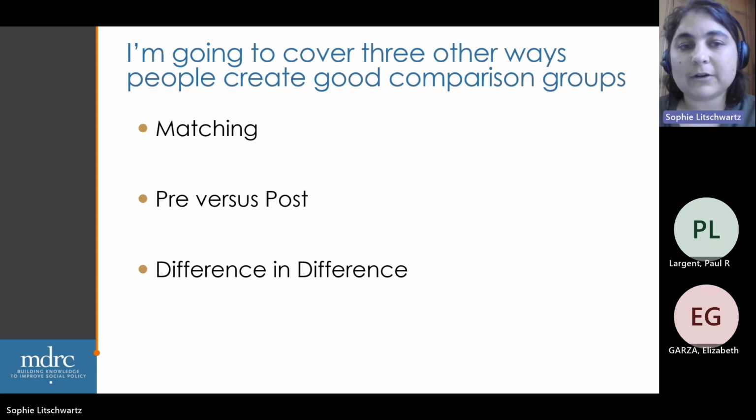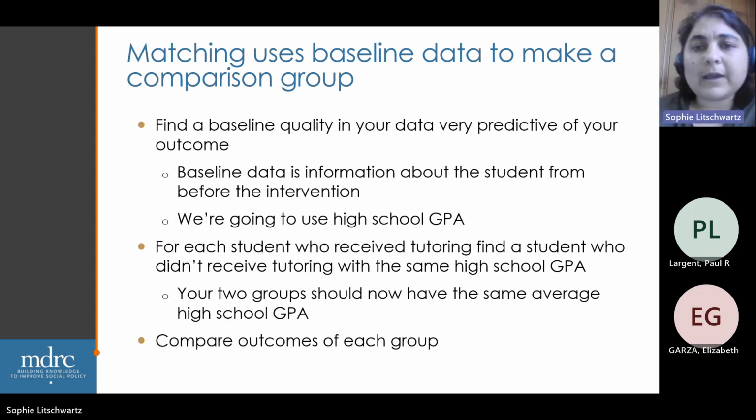All right, but that's the randomization pitch. What I really want to cover is three ways you can create comparison groups without randomization. One is matching. One is doing a pre versus post analysis. And one is called difference in difference. So the way matching works is I'm going to use baseline data to make a comparison group. Baseline data is anything about the student from before the intervention.